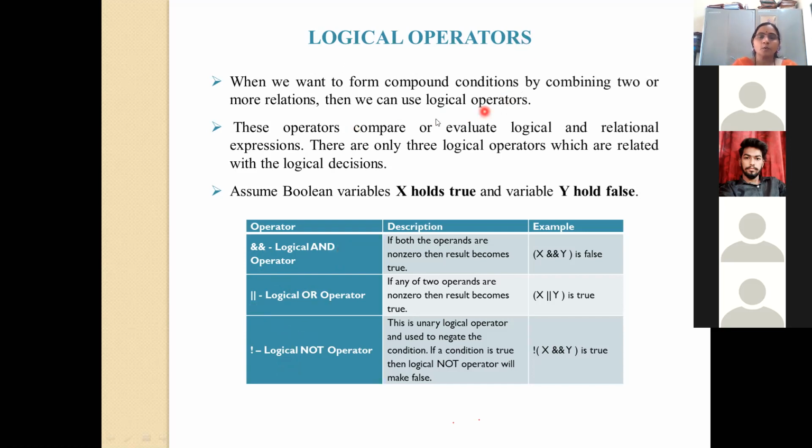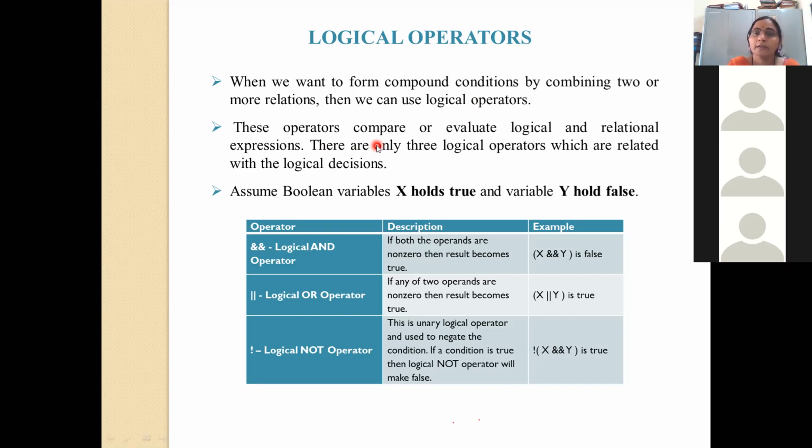So for combining two or more relational expressions, you can use the logical operators. These operators compare or evaluate logical and relational expressions. As you use the logical operators within the expression, that expression also consists of some relational expressions or relational operators. So there are only three logical operators, which are related with the logical decision.